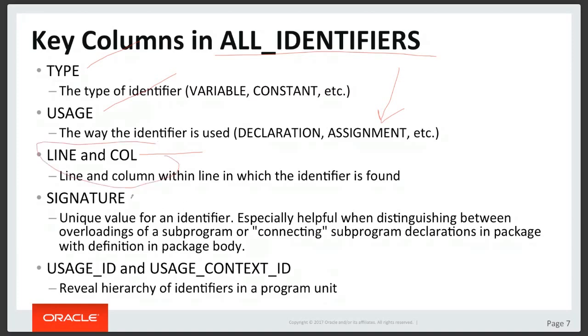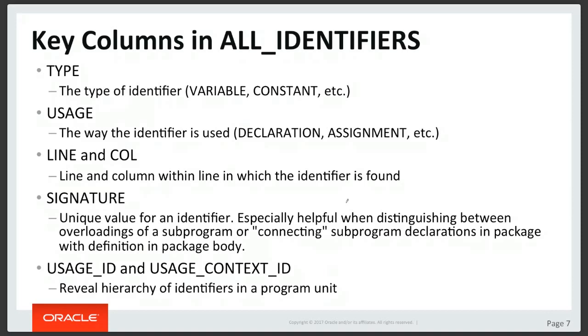Really importantly, we have the signature. The signature is a unique value that's generated by PL/Scope for every single different identifier in your code. Now, this is really critical because, as I'm sure you know, you can have multiple packages that have the same names for programs inside them, procedures and functions. You could have inside a single procedure a declaration of a variable whose name is used over and over again in different blocks and subblocks and nested blocks in that procedure.